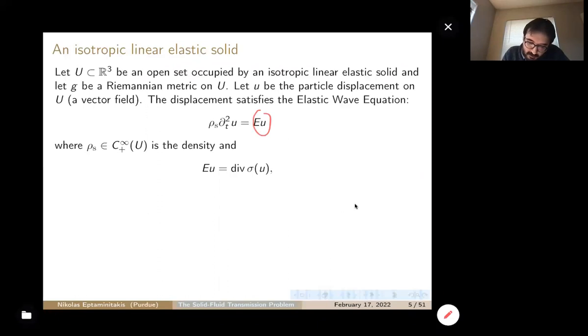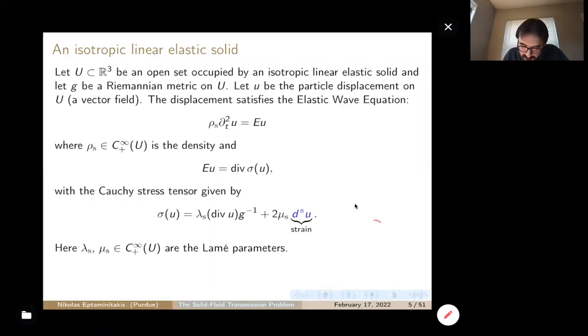Here, this elastic wave operator is given by the divergence of the Cauchy stress tensor, which is given by the expression here. We have the Lamé parameters, which we do not assume are constant. We assume that they are smooth and positive.